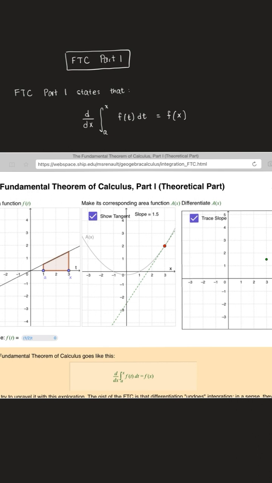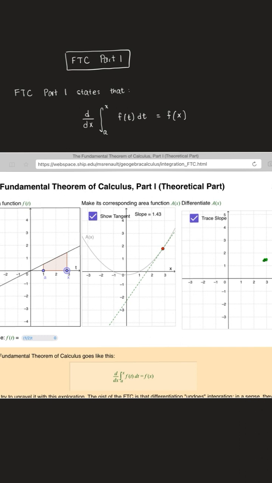The middle graph, that parabola, gives us the values of the area for different values of x. When we pick x equals 3 and take the slope of the tangent line, that slope is about 1.5. In the third graph, we are graphing x versus the slope of the tangent line, so the derivative of the accumulation function. Now we're going to let x vary.